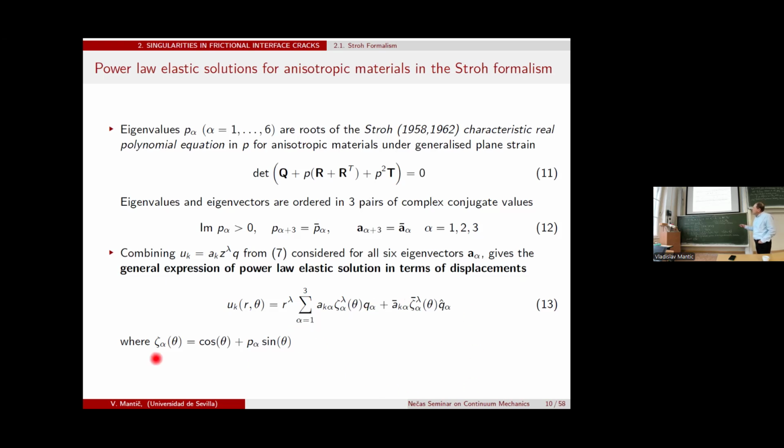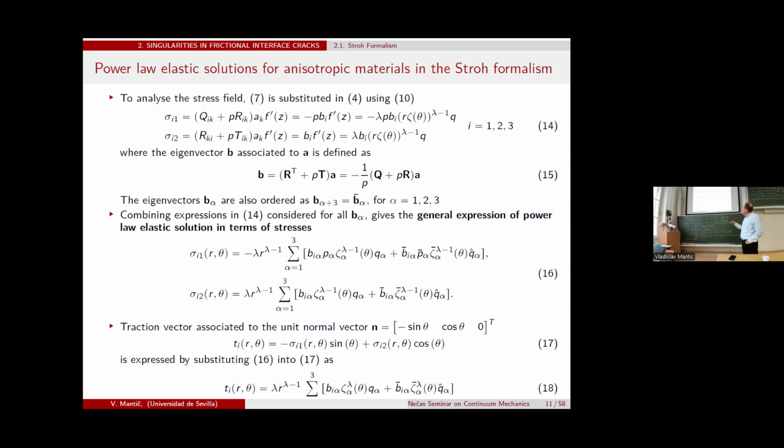Where zeta alpha is this function, where p alpha is the complex eigenvalue.